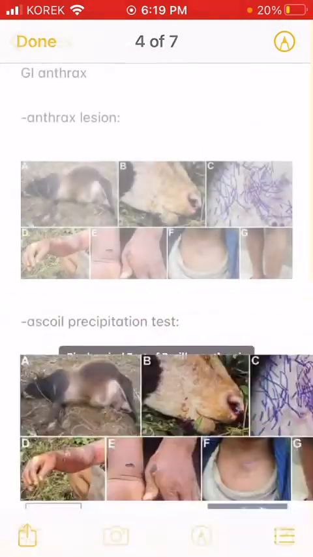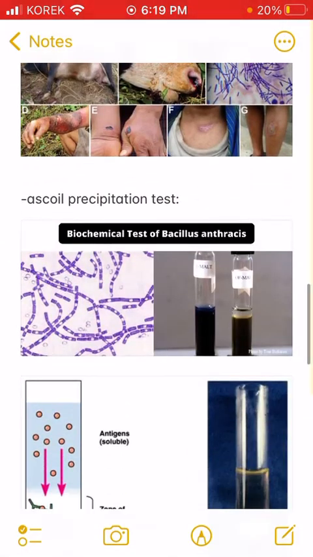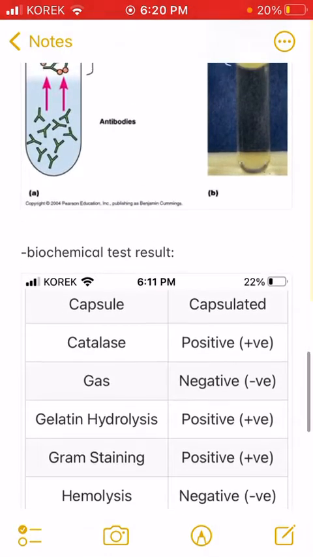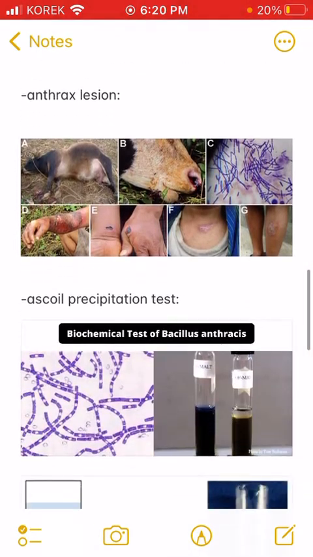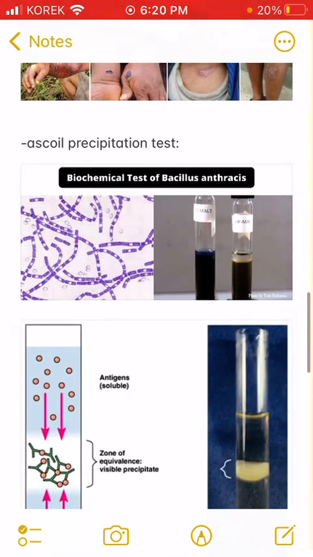We have another test that's used, called the Ascoli precipitation test. How is this test done? This test is done by taking samples and boiling them with saline, and first antiserum is added.